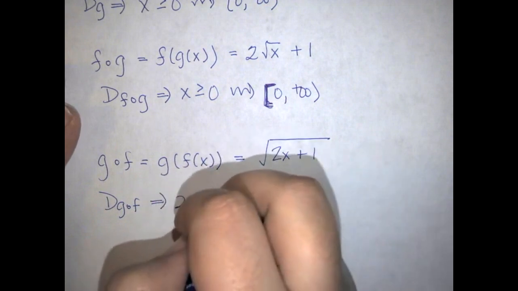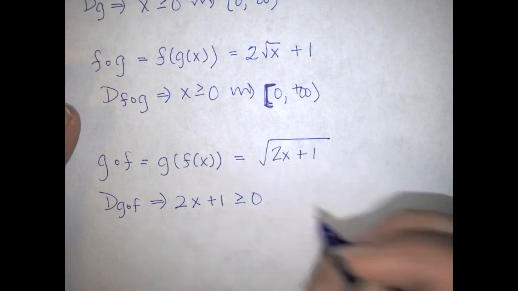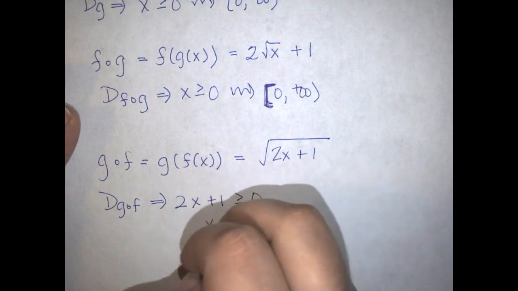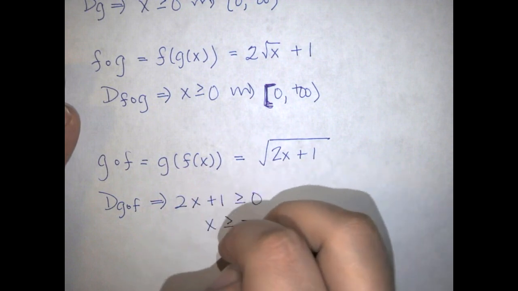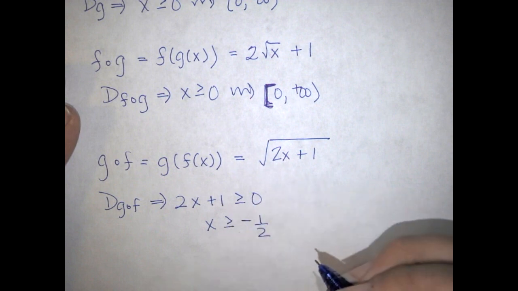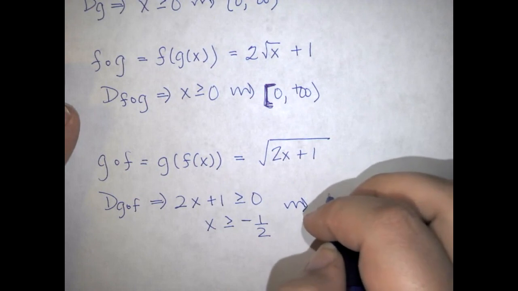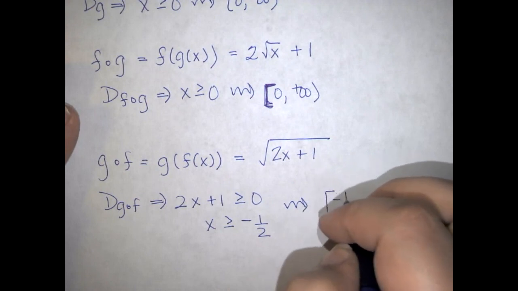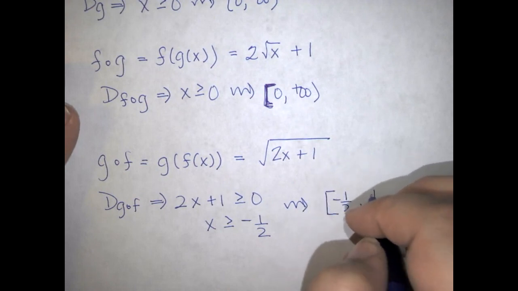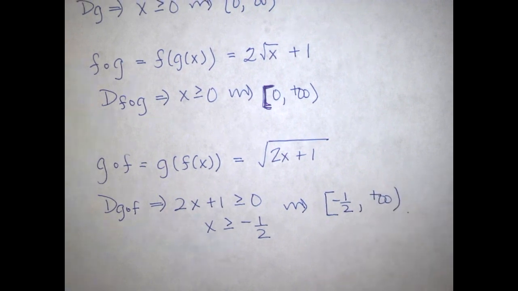So 2x plus 1 is greater than or equal to 0. So x is greater than or equal to negative 1/2, which tells you that it has an interval that's going to start at negative 1/2 and go up to positive infinity.